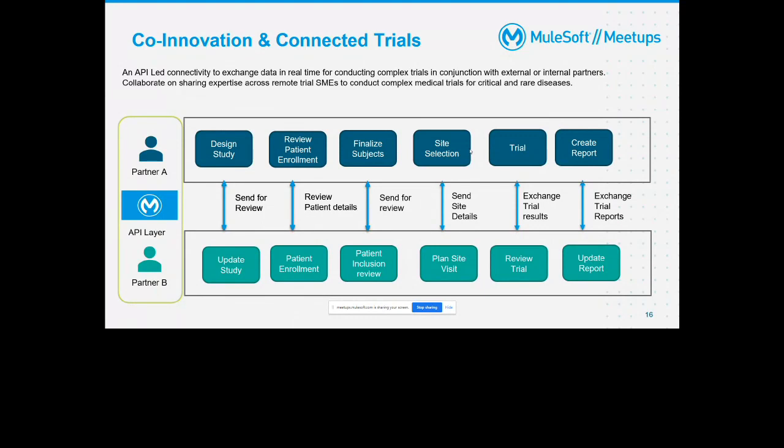I cannot think of any better platform than MuleSoft that can take care of all these things together. I have just given a sample diagram here: one partner is designing the study, another is updating the study with their expertise.